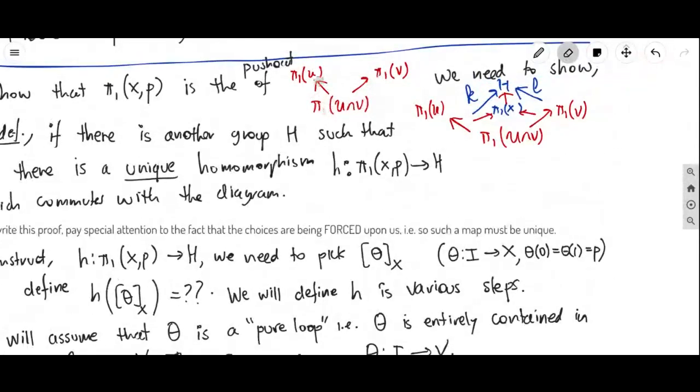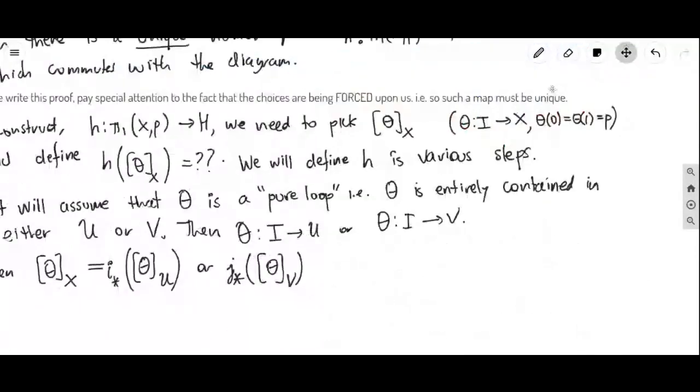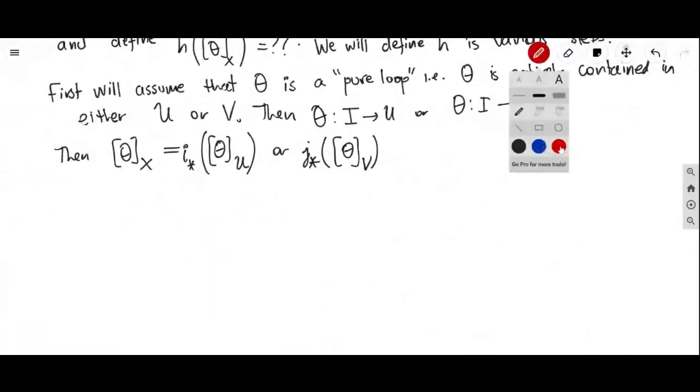So maybe instead of scrolling all the way back up again, we should just redraw these maps down here so we see them. So here we have pi 1 of U intersect V. I'm going to drop the point because I want to be sloppy and save space. And then we have this map. Oh, actually, that's incorrect. Actually, no, that's fine.